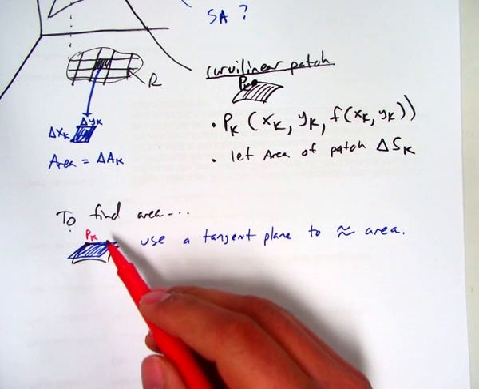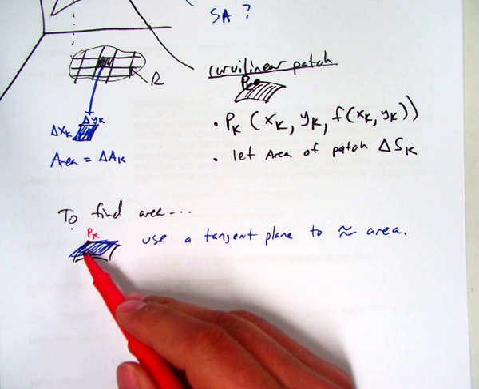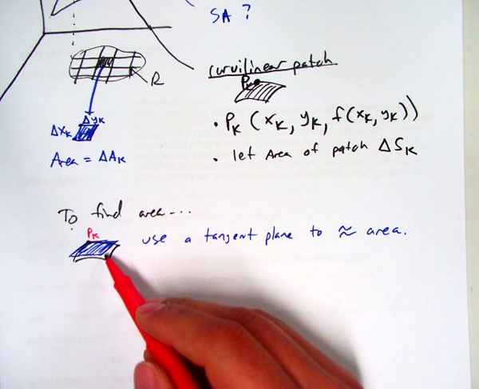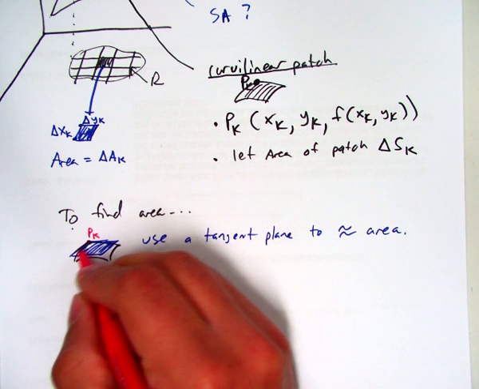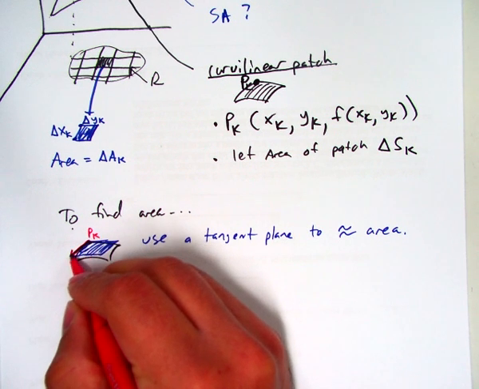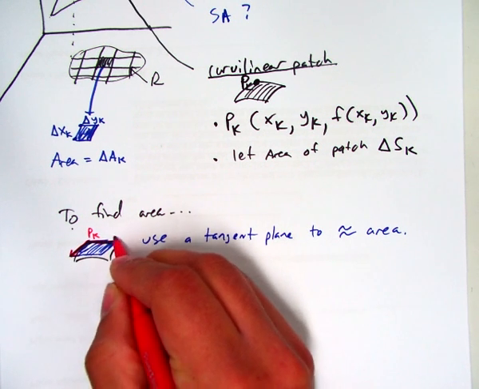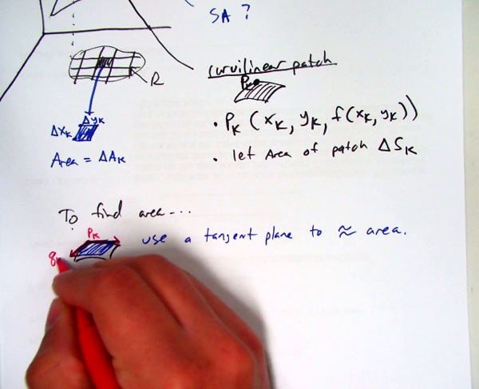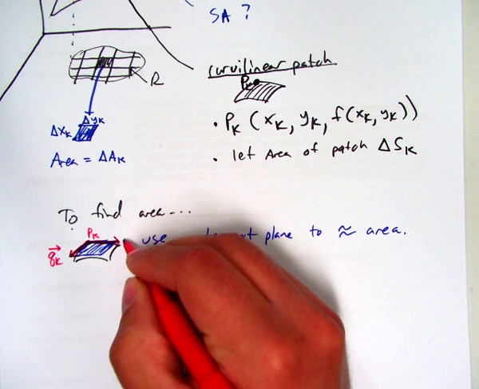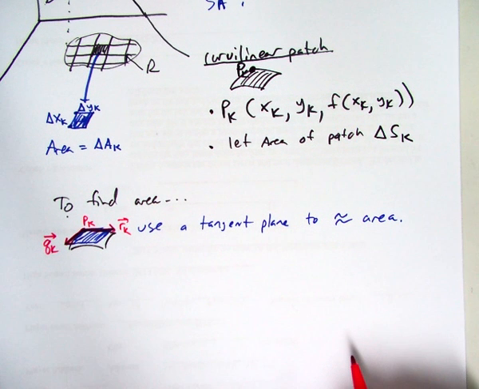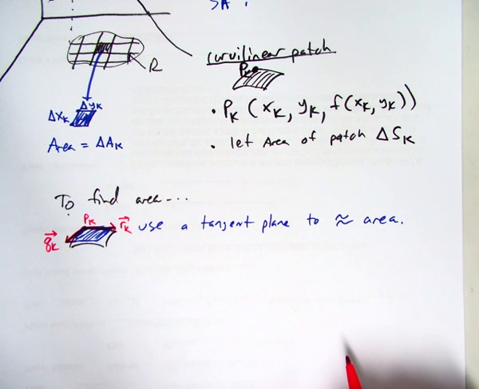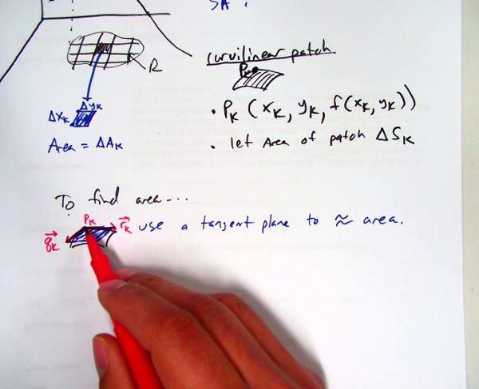Now, one way that we have to find area of rectangles or parallelograms is to actually use vectors. So what we're going to do is call these two adjacent sides, we're going to label as vectors Q sub k and R sub k. Is the plane tangent to the point K? Yeah, that's the point of tangency, yes.